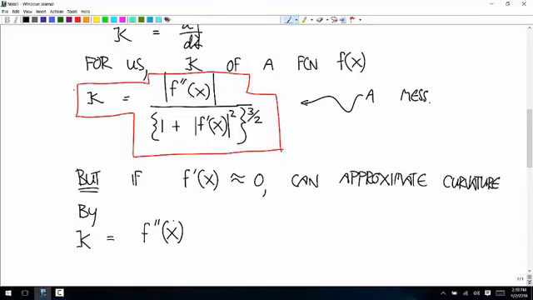Just look at this function. If this is reasonably close to 0, then you square it and it gets closer to 0. Like say this is equal to 1/10. You square 1/10, you get 1/100th. And so the denominator gets really close to 1. And then you just have the second derivative on top divided by 1.